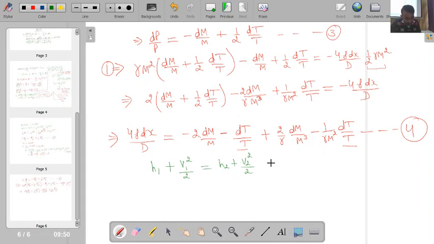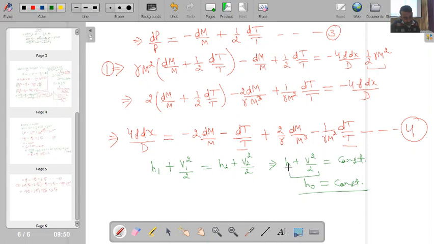So from here simply I can say that h plus v square by 2 equal to constant. What is h plus v square by 2? This is nothing but h naught, sorry, stagnation enthalpy, or total enthalpy.